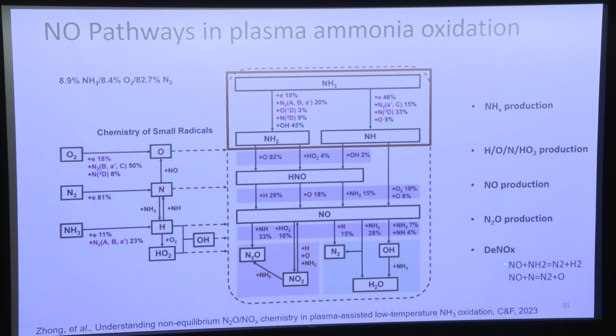So plasma may provide a good opportunity to enhance ammonia combustion and also reduce NOx through these reburning reactions. We need more experimental data in this area to provide a validation target.